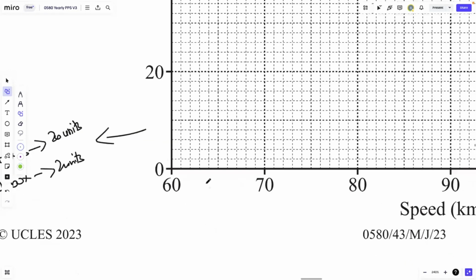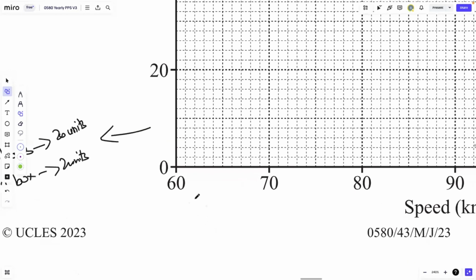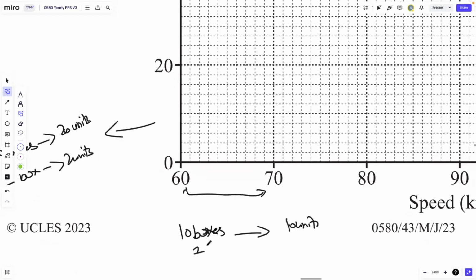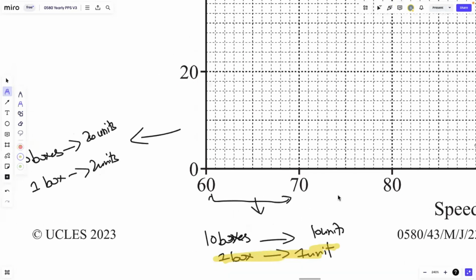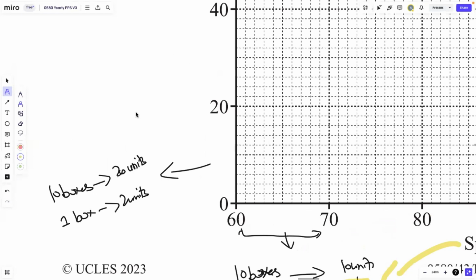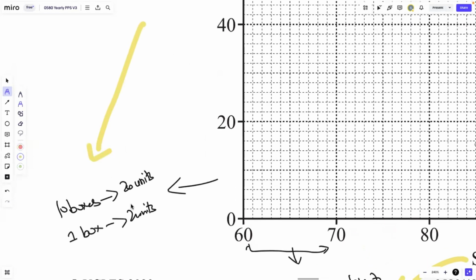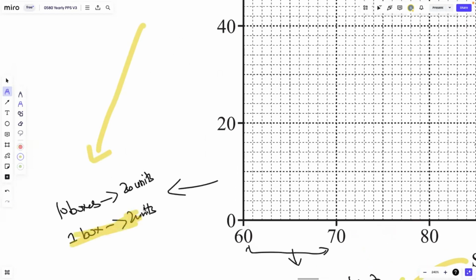Similarly, I have a distance of 10, meaning 10 units being represented by 10 boxes, so this one is more straightforward: one box is representing 1 unit. Keep a check on this: one box representing 1 unit on the x-axis, and on the y-axis one box representing 2 units.